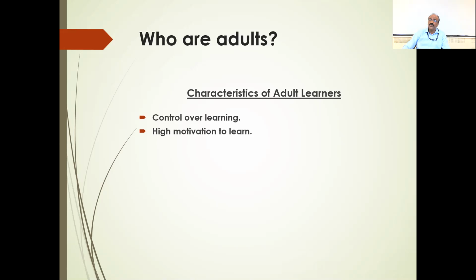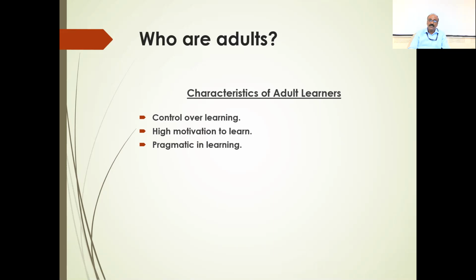Trainers do not need to spend a lot of time trying to motivate adult learners, but can concentrate on facilitating the learning that adults are already motivated to pursue. So this is one thing that we should understand, that adult learners usually have high motivation to learn.